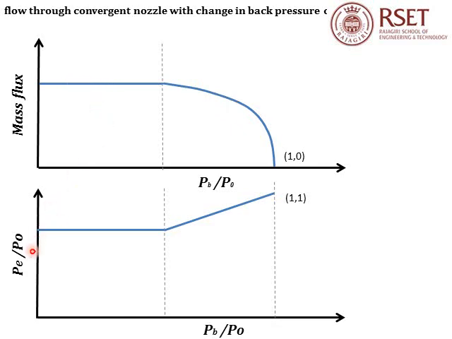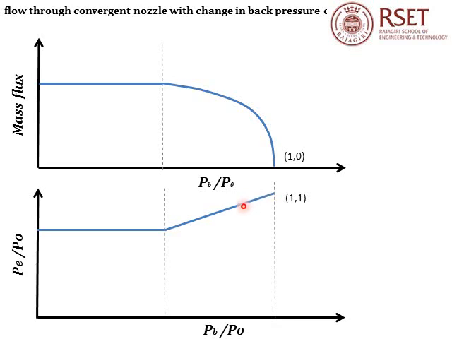Now moving on, we will see how the exit pressure is affected by the back pressure. Here both the terms are non-dimensionalized by stagnation pressure. Initially when the flow is 0, the pressure conditions are same throughout. So P0 is equal to Pb is equal to Pe. So we have the starting point of the curve at 1 comma 1. As the back pressure reduces, there is also reduction in the value of Pe.